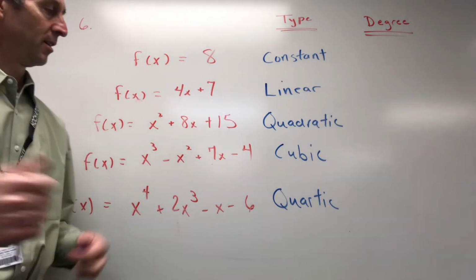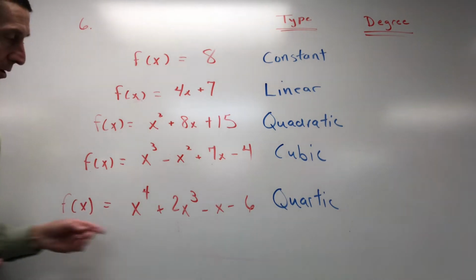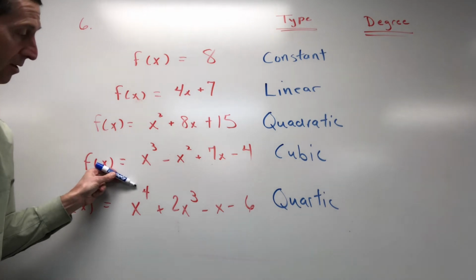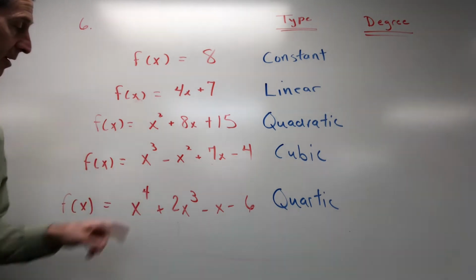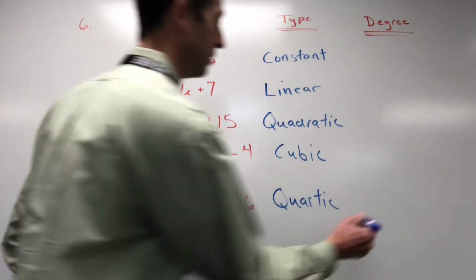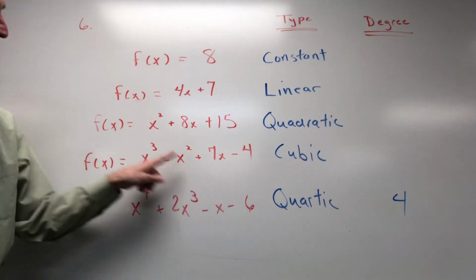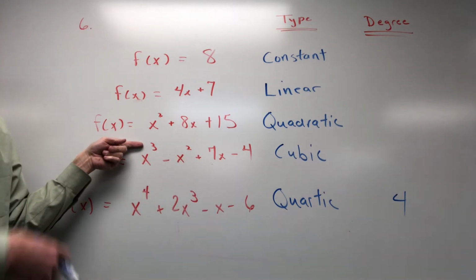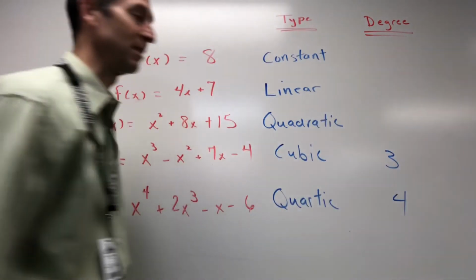Whenever you put your function in descending order, whatever your largest power is, in this case fourth power, that's your degree. So if it's fourth power, my degree is 4. Here's first power, here's second power, here's third power, but my largest power is a 3, so the degree of the function is a 3.